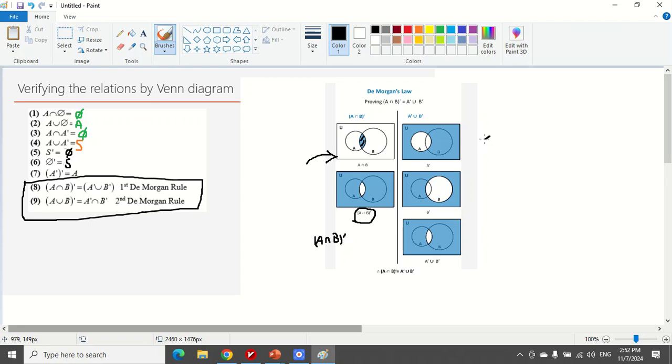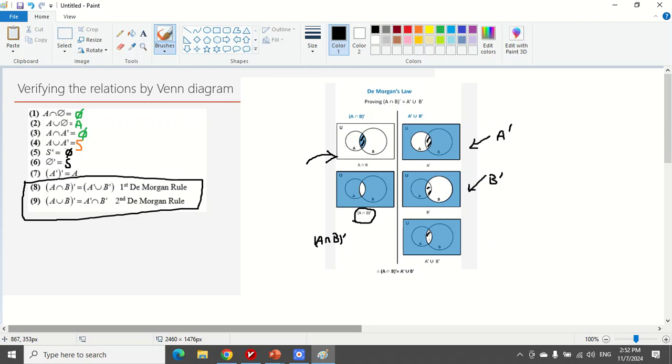On the other side, this is A prime over here, which includes all the cases that are not inside of A, and this one is B prime as well. And the union of A prime and B prime means that the common part is the only part which is not covered in this case.